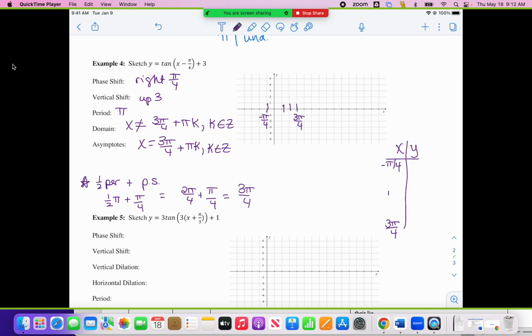Pi over 4. Good job. And then what's halfway between negative pi over 4 and pi over 4? It's kind of easy, right? 0. And then what's between pi over 4 and 3 pi over 4? 2 pi over 4, but we would tidy that up to pi over 2.